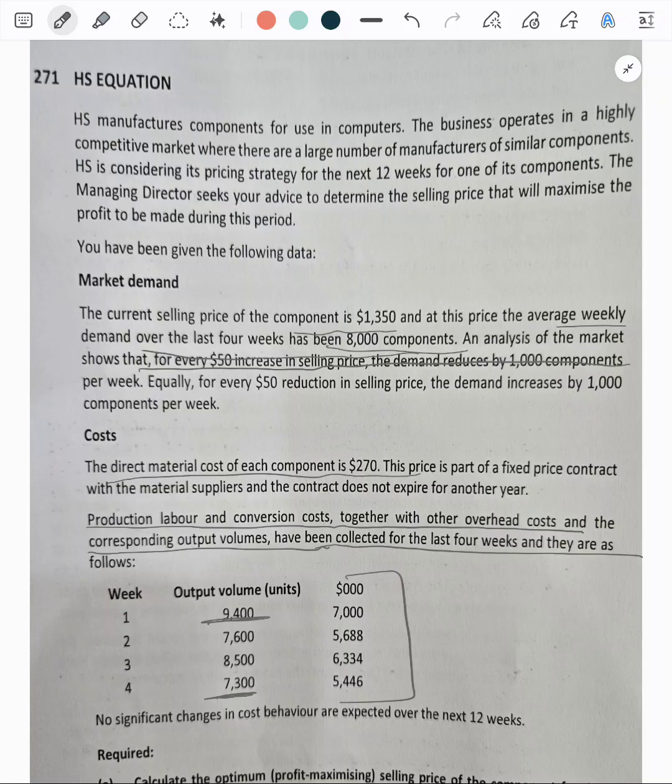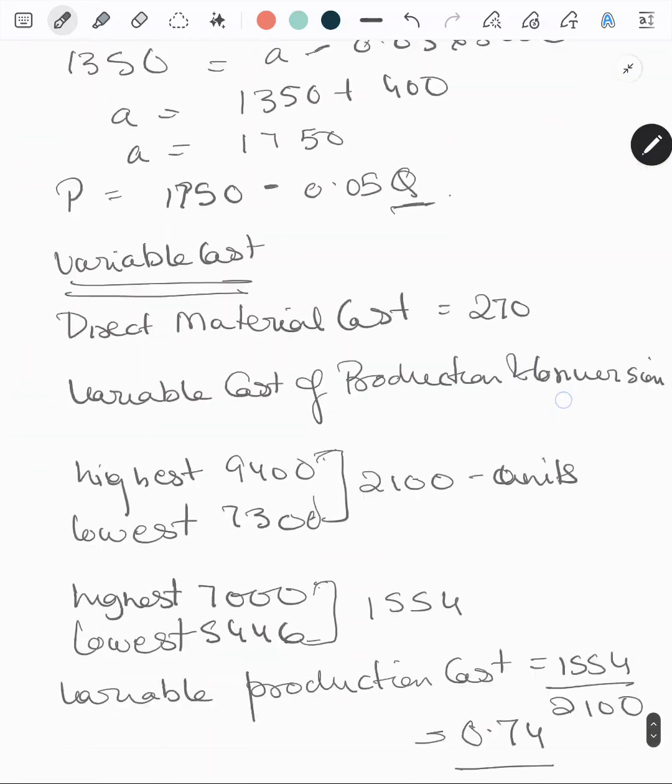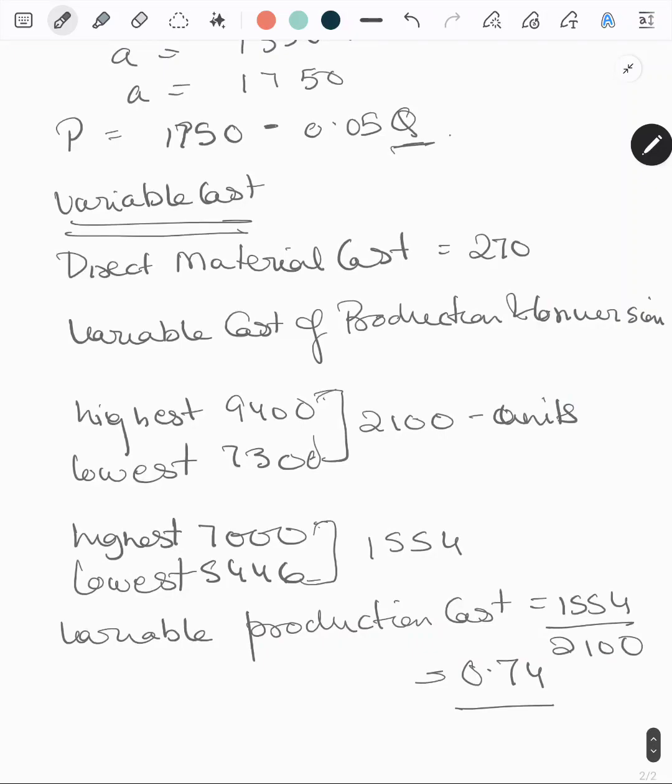I will multiply this by 1,000, because the demand is increasing by 1000. So the variable cost will be 1000 into 0.74, that is 740.